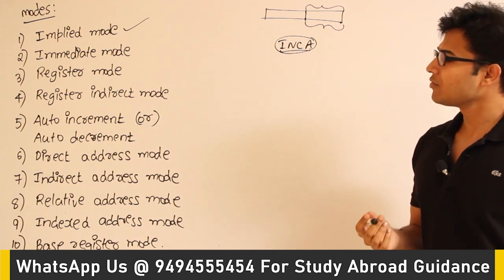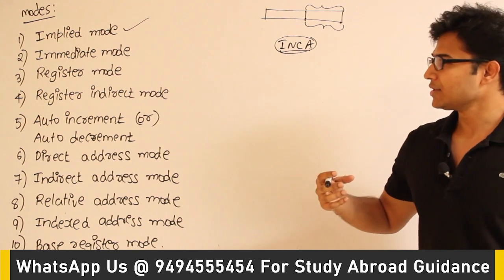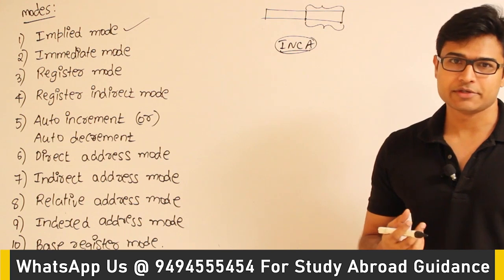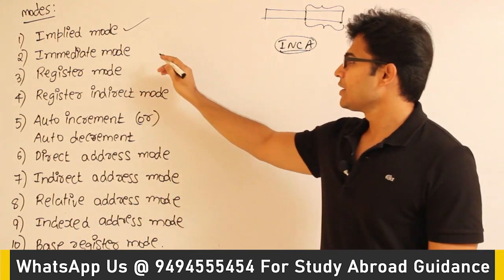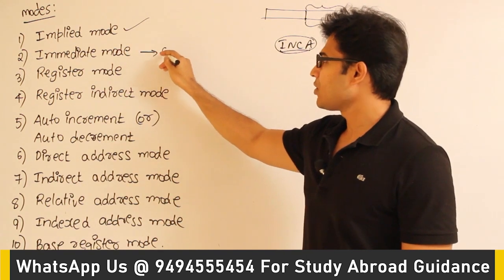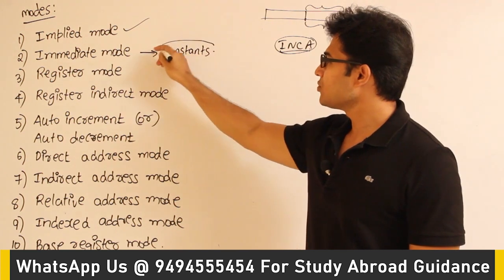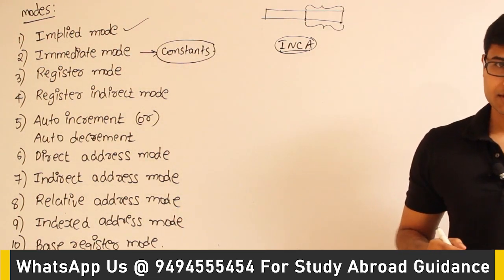In immediate mode, along with the instruction we provide the operand, and there is no need of any further computation. We directly get the operand, and this mode is especially used whenever you want to deal with constants, or load registers with some constant value.